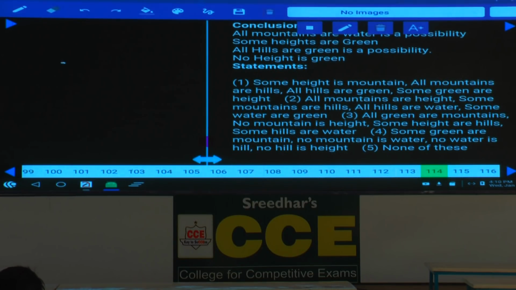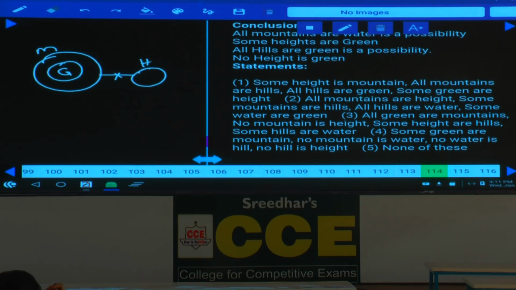In the third one: all green are mountains; next, no mountain is a height, no intersection between mountain and height; next, some heights are hills; and next, some hills are water.